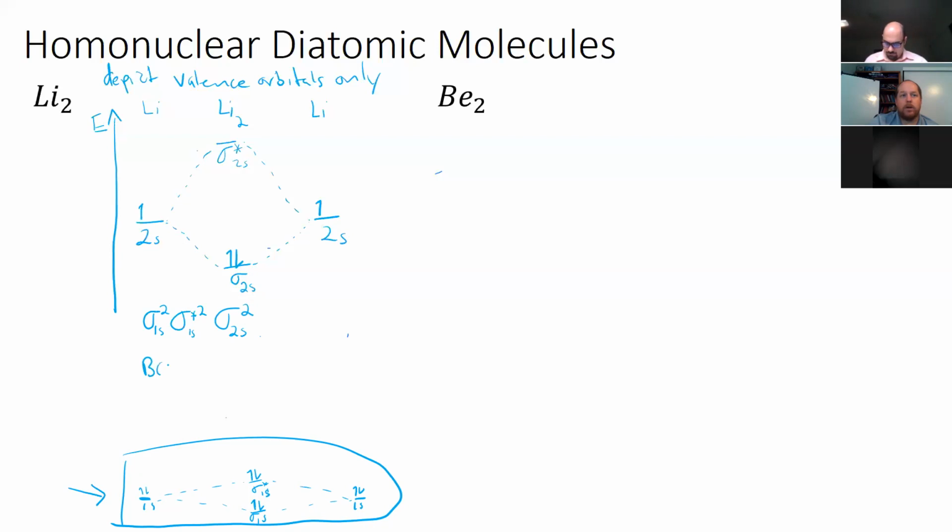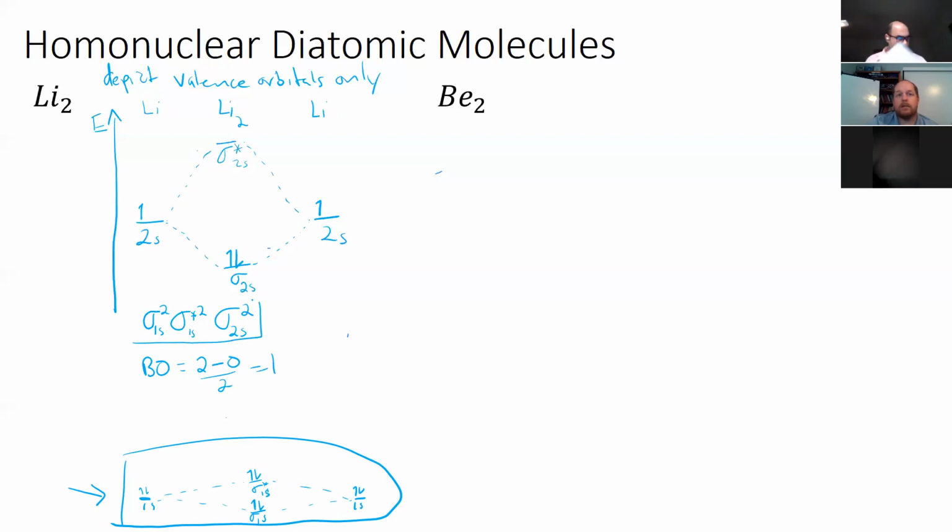For the bond order, you can look at either your molecular electron configuration or you can look at your molecular orbital diagram, and you can take it either way. If we take it from the molecular orbital diagram, it'll be 2 bonding electrons minus 0 anti-bonding electrons over 2, which will give us a bond order of 1.